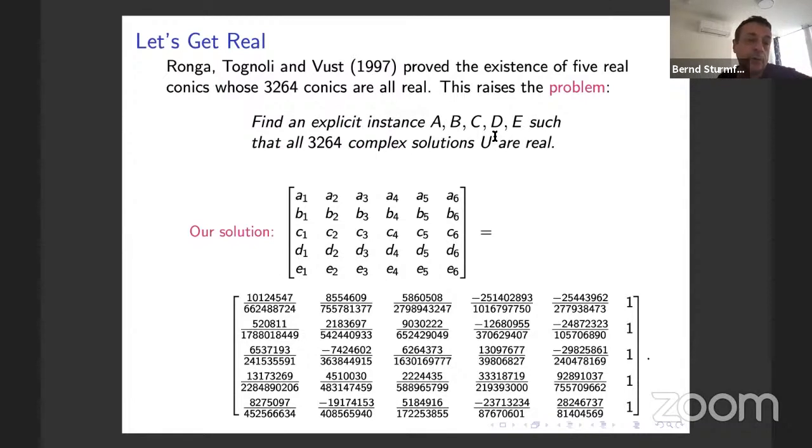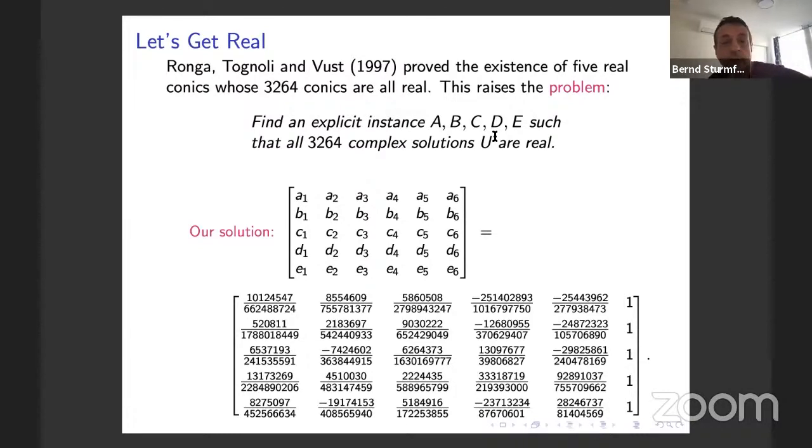And the paper by Runge, Tonoli, and Wurst in 1997 gave a theoretical proof for the existence of 5 real conics such that all solutions are real. Right? So by that I mean, can you draw 5 blue conics in the plane such that all 3,264 red solutions are actually defined over the real numbers, and then necessarily they touch the blue conics at real points.